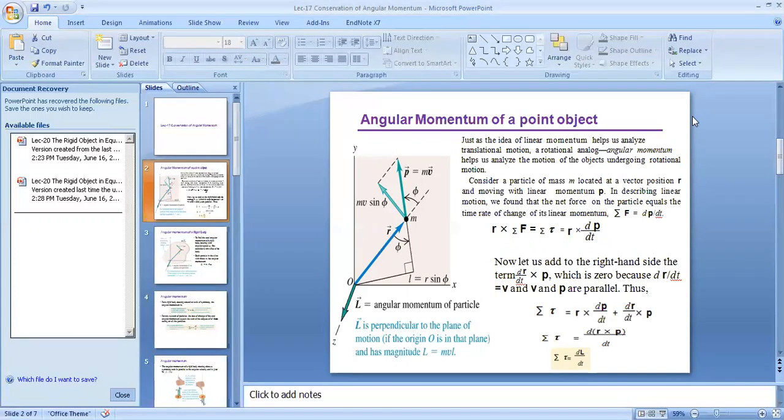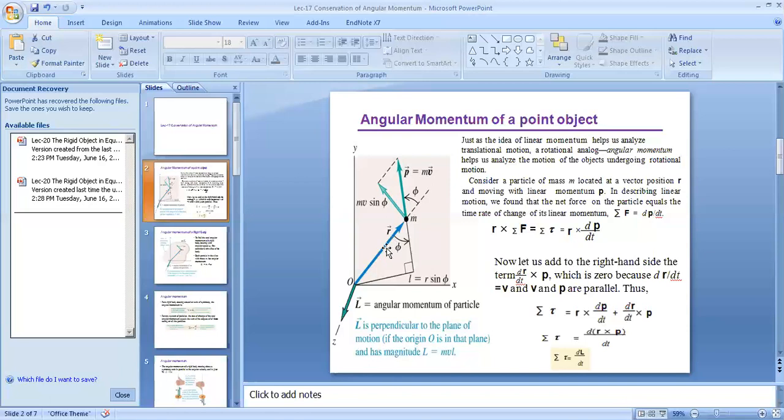For this purpose, we will consider a point of mass m over here, which is positioned at a position vector r from this pivot point O, and this particle of mass m has a linear momentum p directed along this vector, and this p can be expressed as the product of mass and velocity.